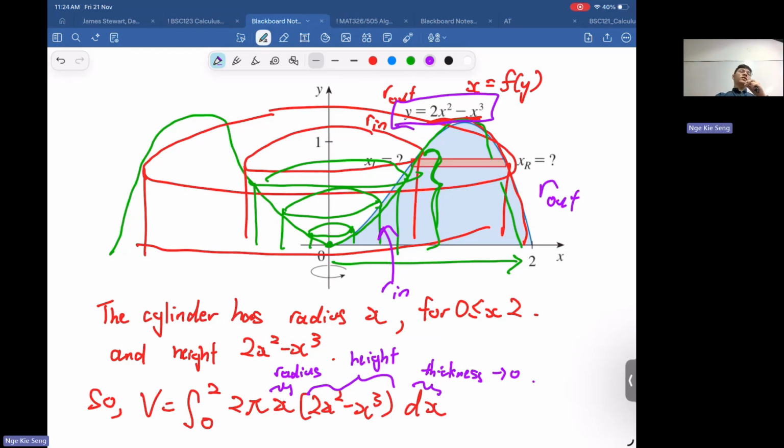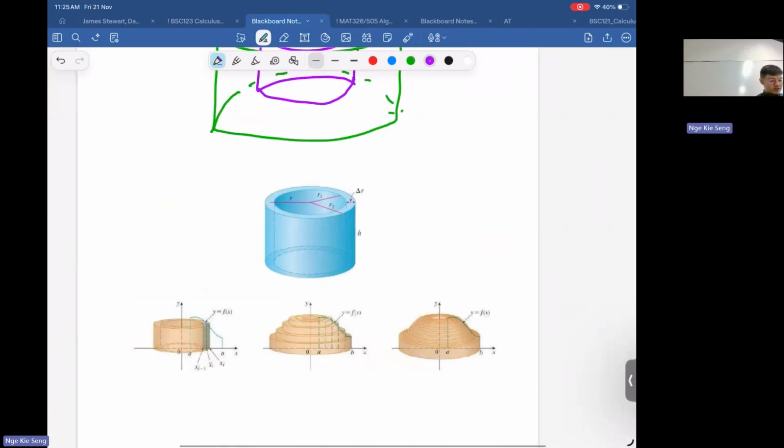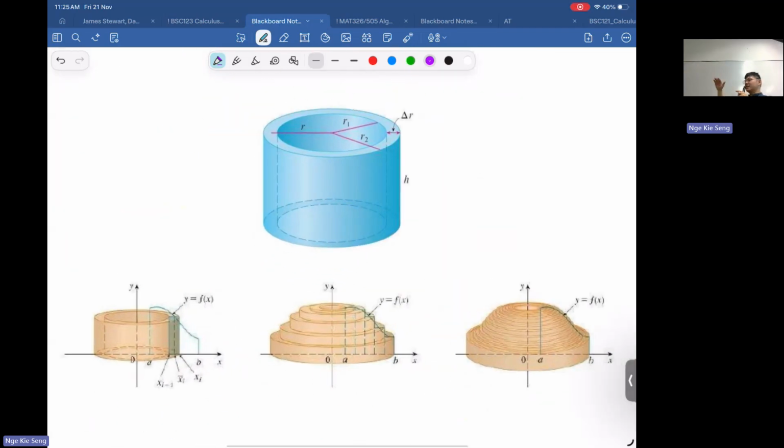So the non-zero thickness, you can think of it as low resolution, not smooth. When we talk about low resolution, it's like there's a staircase. It's not smooth. Can you give a staircase to disabled people? They need to push the wheelchair, right?